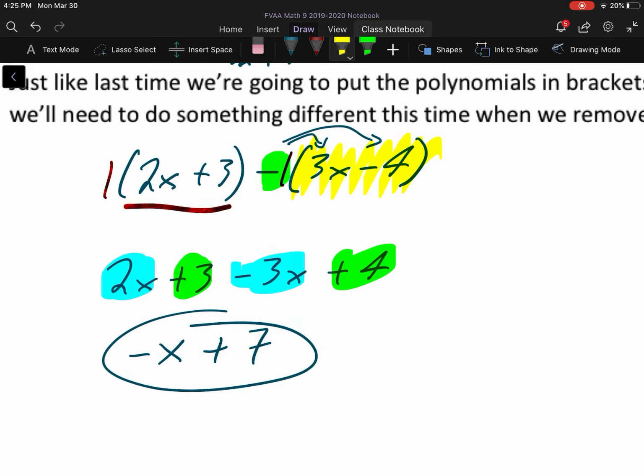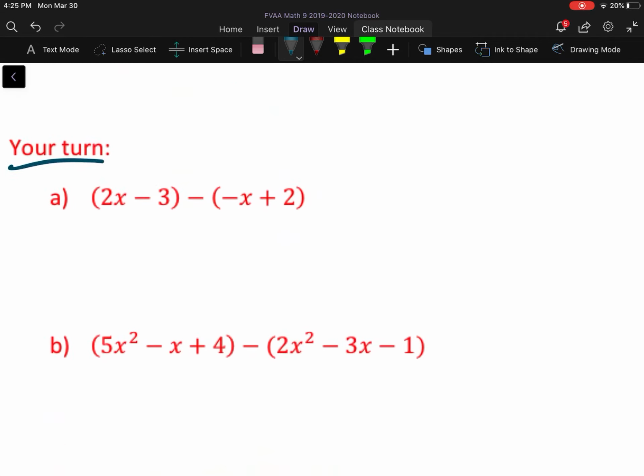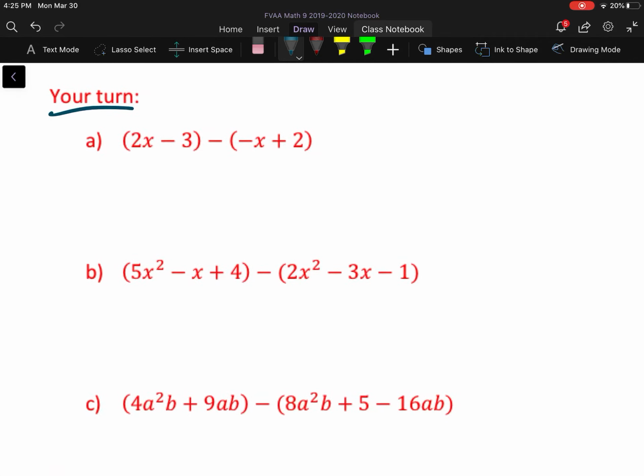And that negative 1, when multiplied into your polynomial, is going to give you the opposite of that polynomial. In this case, negative 3x instead of positive 3x, and positive 4 instead of negative 4. Okay? All right, so go ahead, pause the video, try the Your Turn questions, and I'll be explaining them here once you unpause the video.